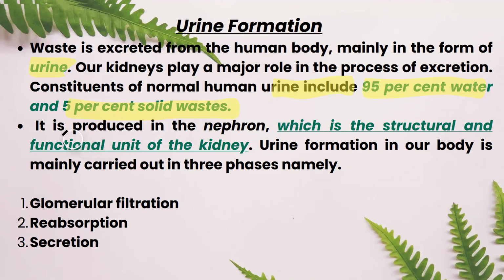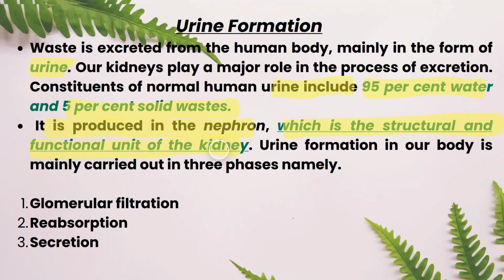And as I said, it is produced in the nephron, which we can call the structural and functional unit of the kidney. What is the structural and functional unit of the kidney?